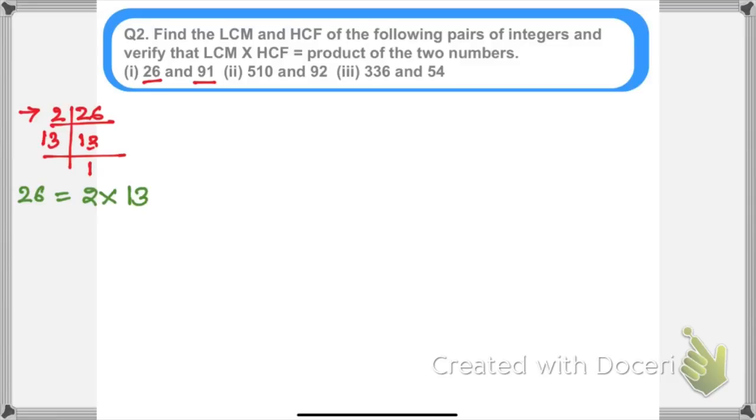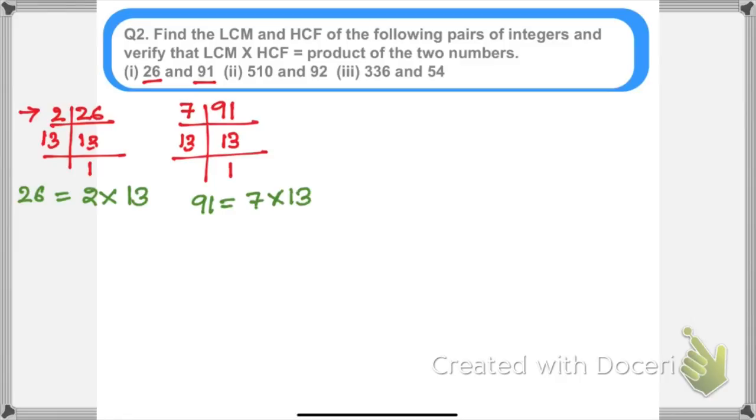And for 91 also we will perform the same prime factorization. 91, it won't be divisible by 2, 3 and 5, so we will divide it by 7 at first. 7 13s are 91 and 13 ones are 13. So you can write here 91 will be equal to 7 into 13.